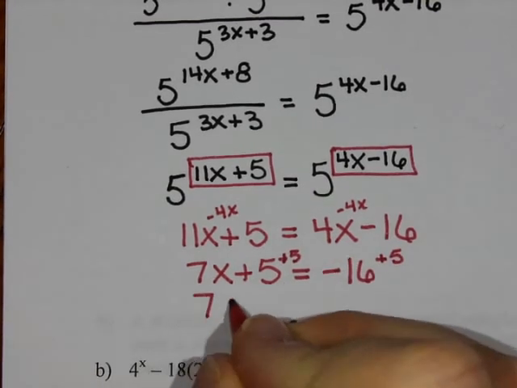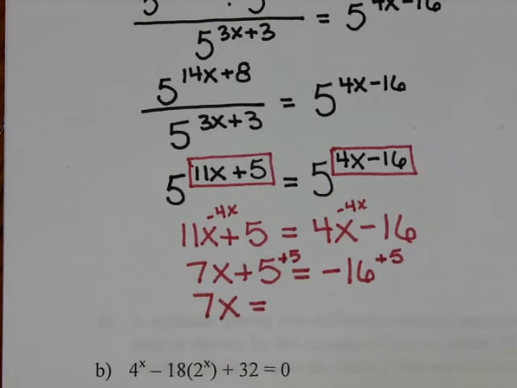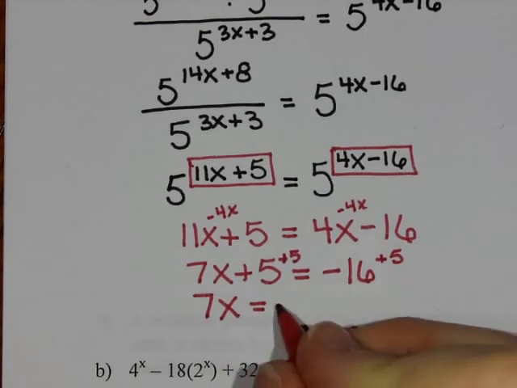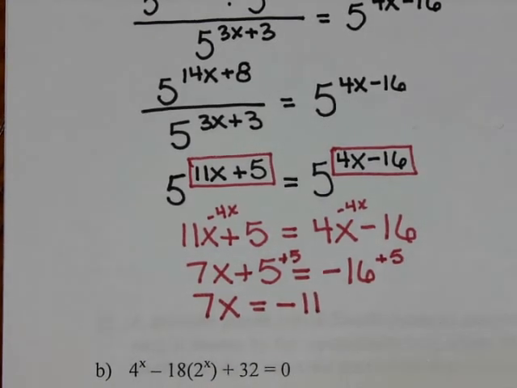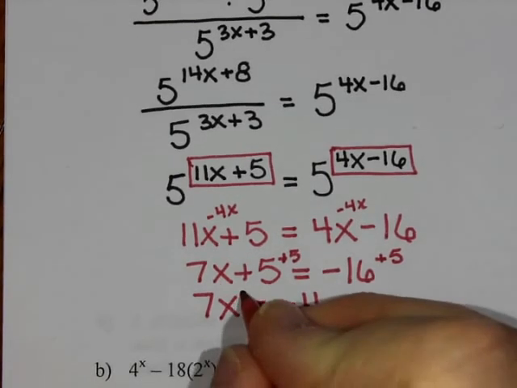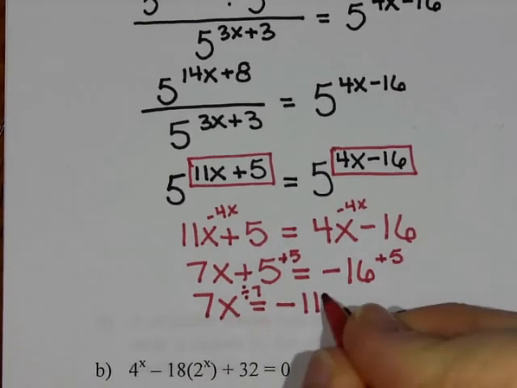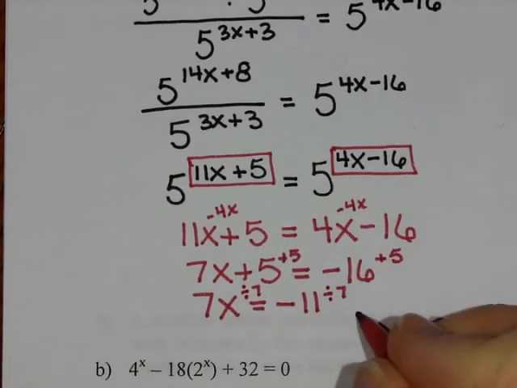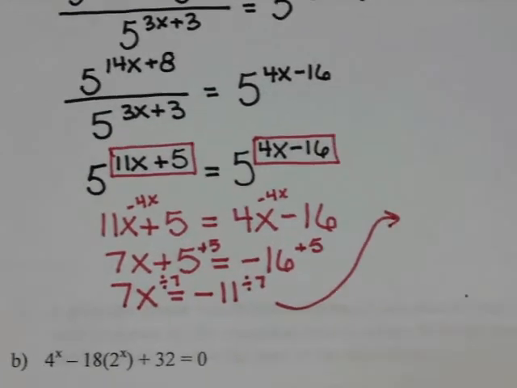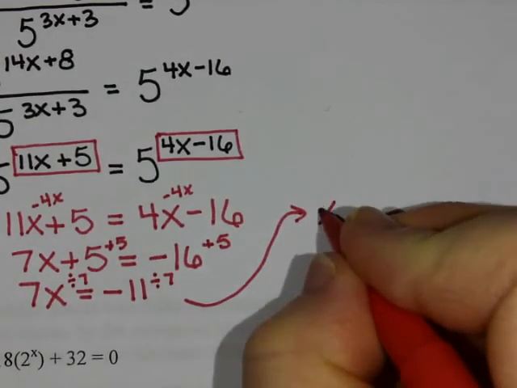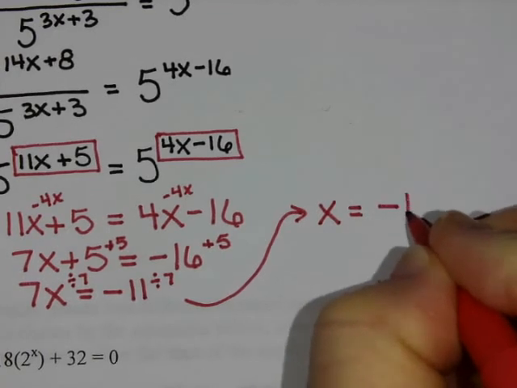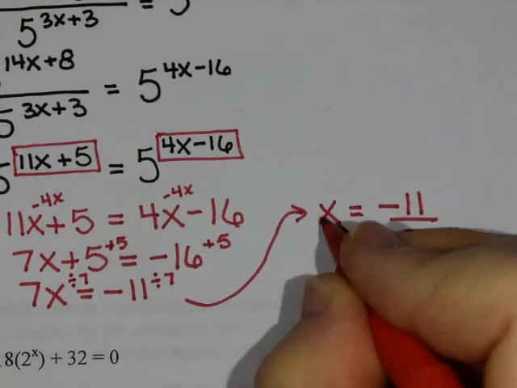So I have 7x equals negative 16 plus 5, which is negative 11. To finish this off, I'm going to divide both sides by 7. So x equals negative 11 over 7.